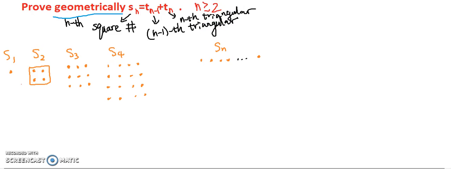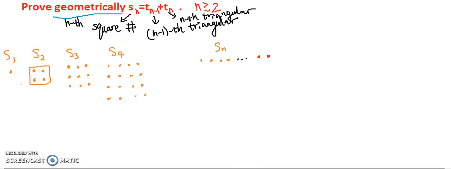If you want to omit something, especially if you have lots of numbers, like 100 dots, you don't want to draw all of them. So you would just draw the first few and the last few, maybe the last 2, to represent the beginning and the end, and the middle ones can be omitted by using 3 little dots.